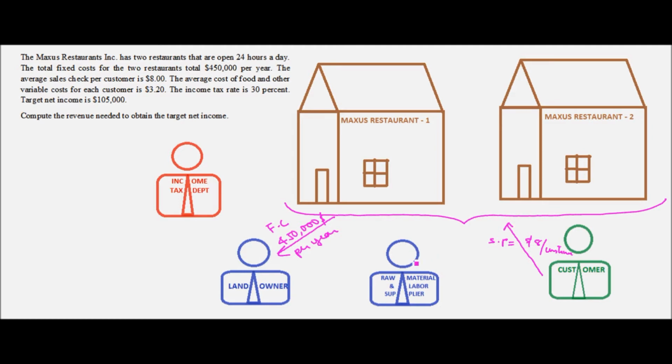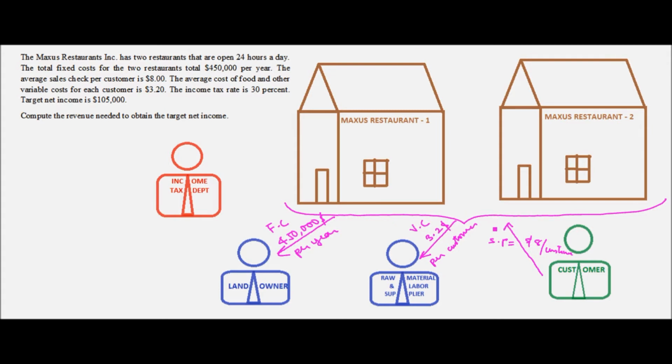So let's say this person here represents the supplier for all the variable things, which is the raw material and labor. So Maxis is paying an amount of $3.2 per customer, and this is the variable cost.